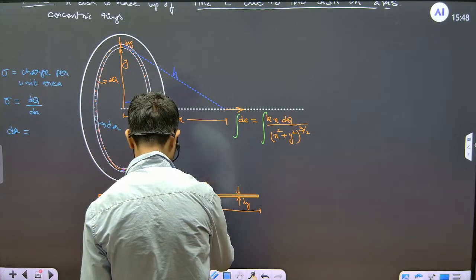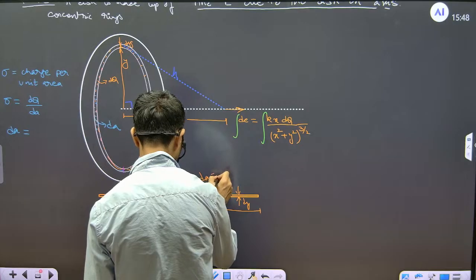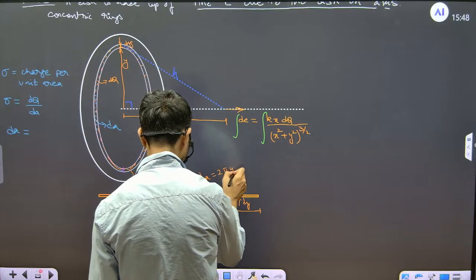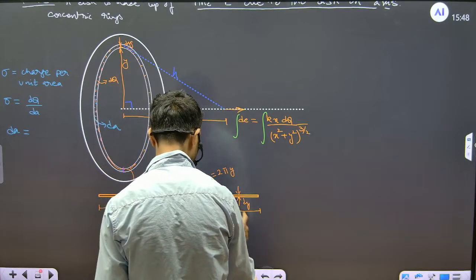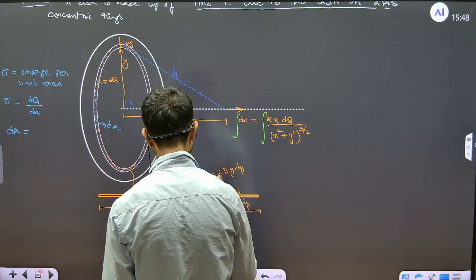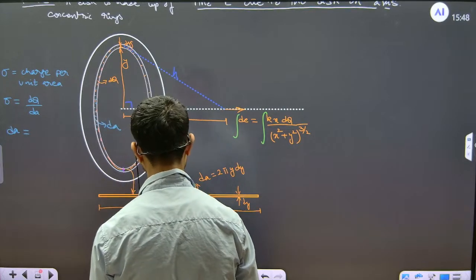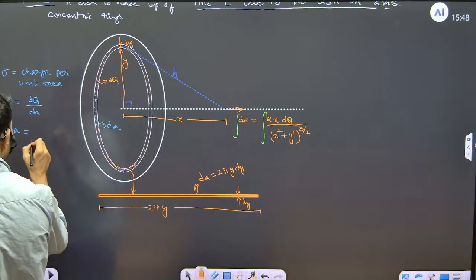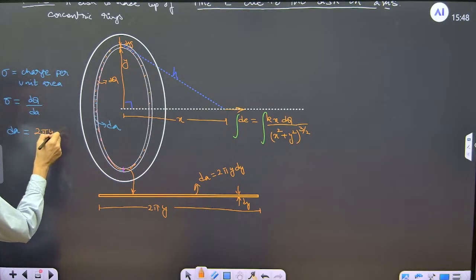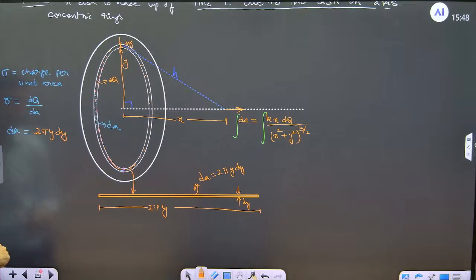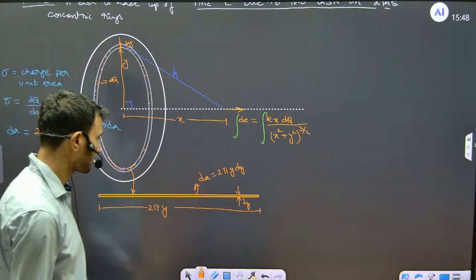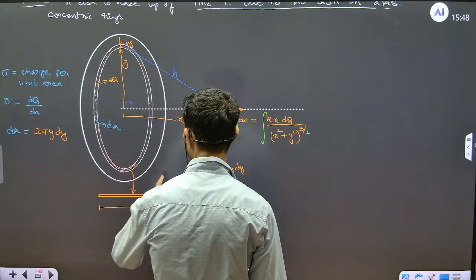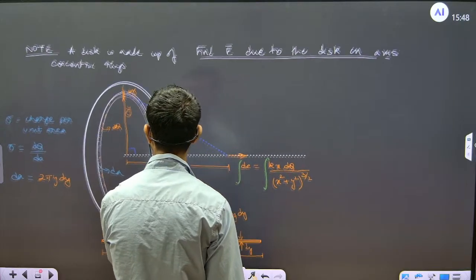So what will be the area? Small area. dA will be how much? It will be 2 pi y, which is the length, into the thickness, which is dy. So 2 pi y dy will be the differential area. Correct. So that is the differential area.